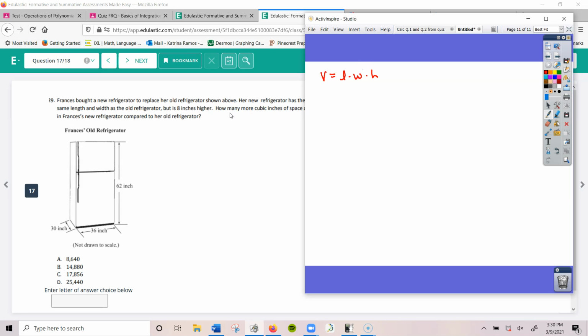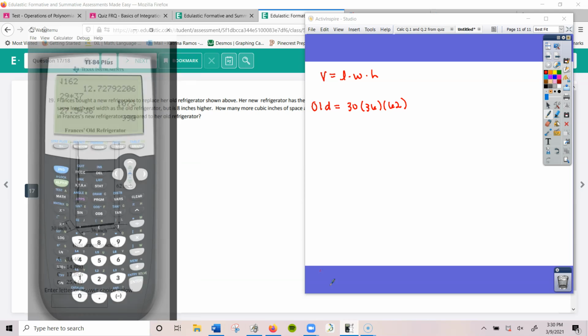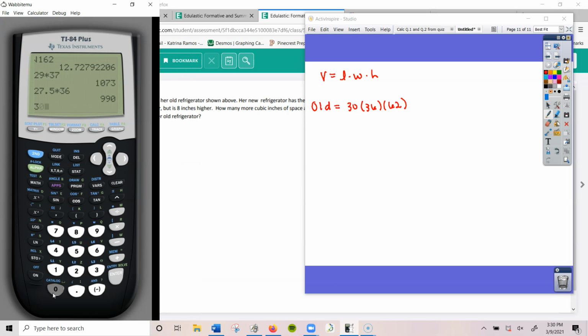So we need to find the volume of both the old refrigerator and the new refrigerator. For the old refrigerator, we have the dimensions 30, 36, and 62. So I would multiply 30, 36, and 62. 30 times 36 times 62 gives me 66,960.